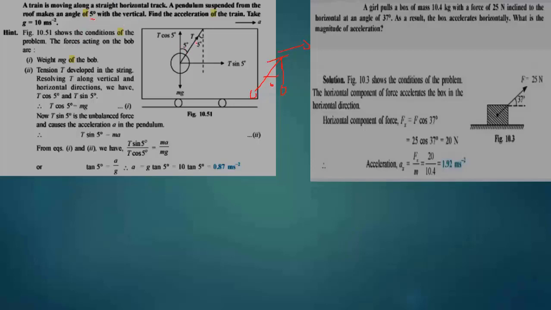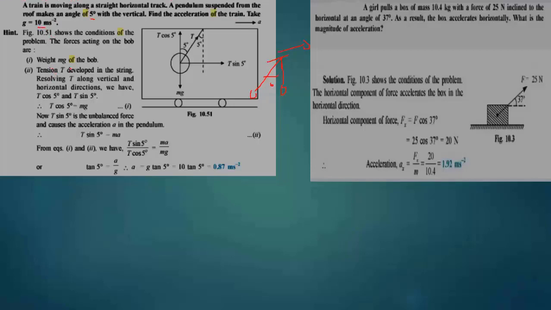So we have 5 degrees hapo with the vertical. Pendulum line ile ina make with the vertical. So the question is asking you to find the acceleration of the train. So take g as 10 meters per second squared.